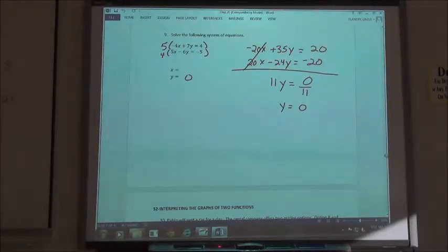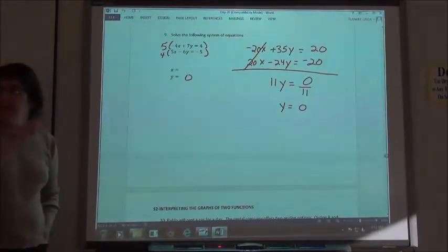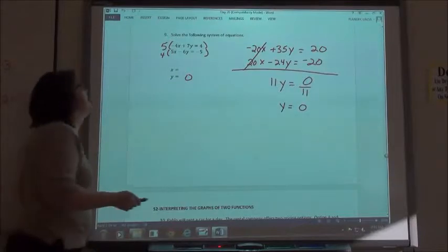Do you want to substitute that in the top equation or the bottom equation? Top equation. If I put it in the top equation, what am I going to have?